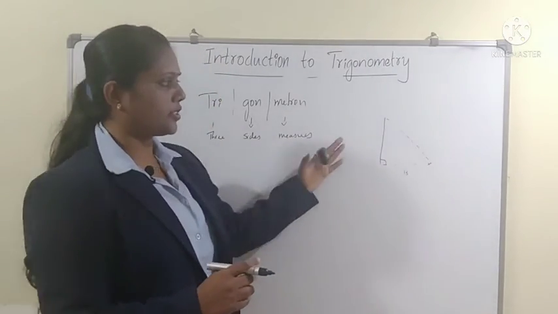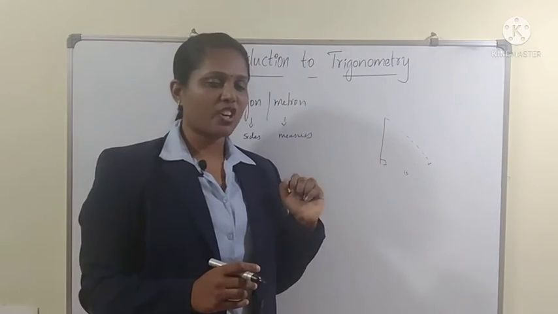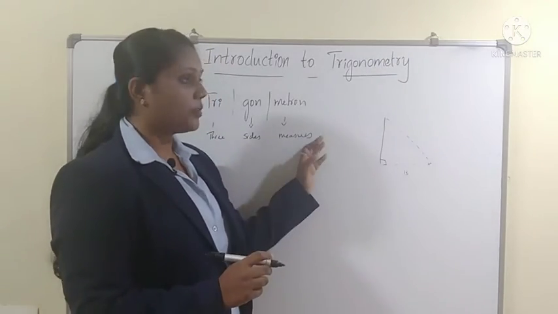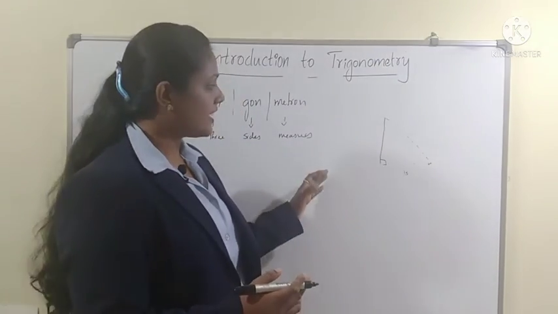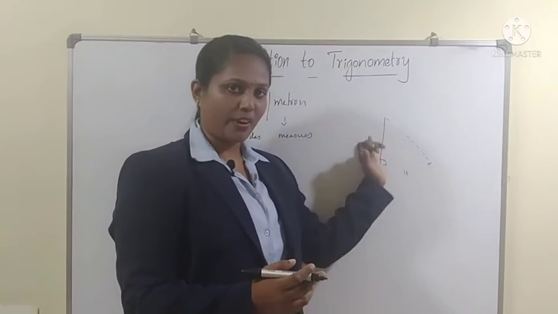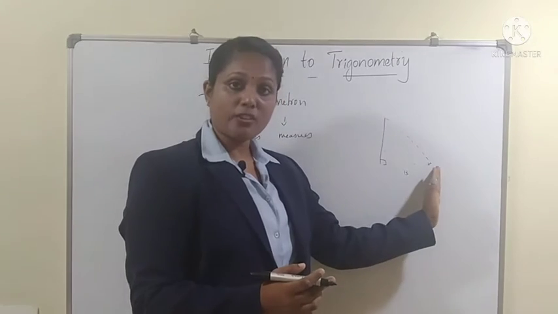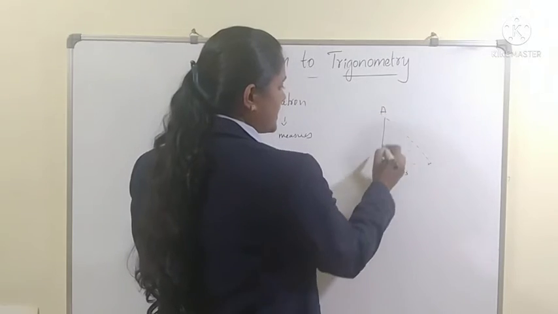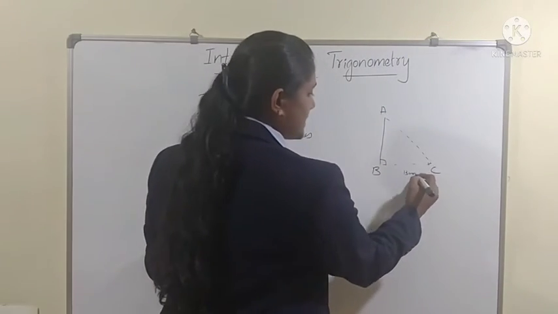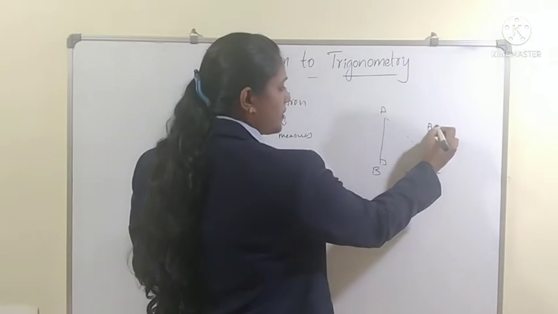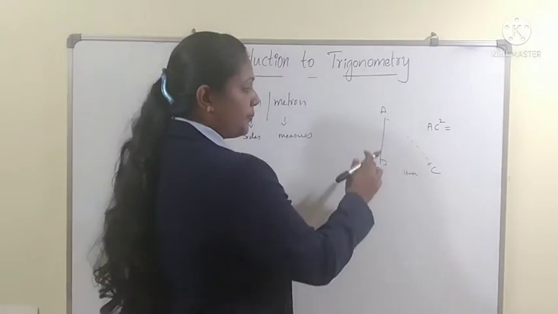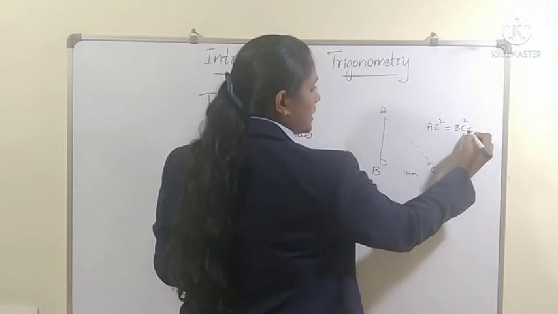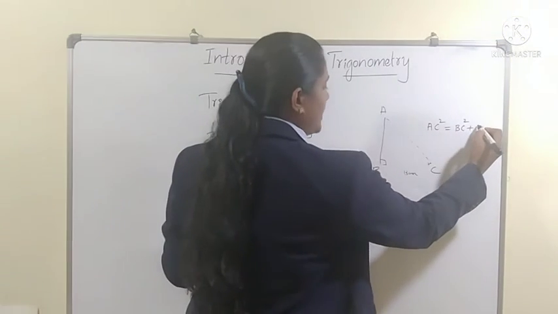When we are thinking about measuring the sides of a right angle triangle, we come across the theorem called Pythagoras theorem, isn't it? What does the Pythagoras theorem say? In a right angle triangle, the square of the hypotenuse is equal to the sum of the squares of the other two sides. If you take this as A, this as B and this as C, then the square of the hypotenuse is equal to the sum of the squares of the other two sides.